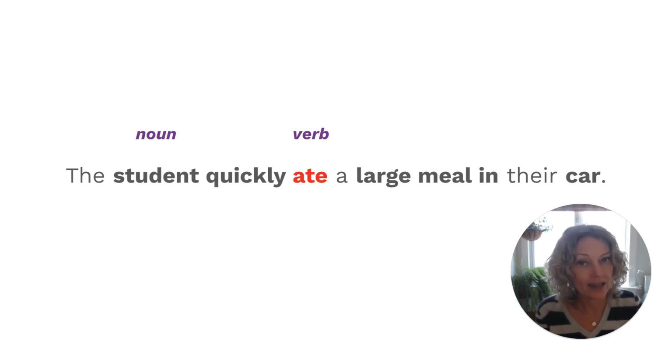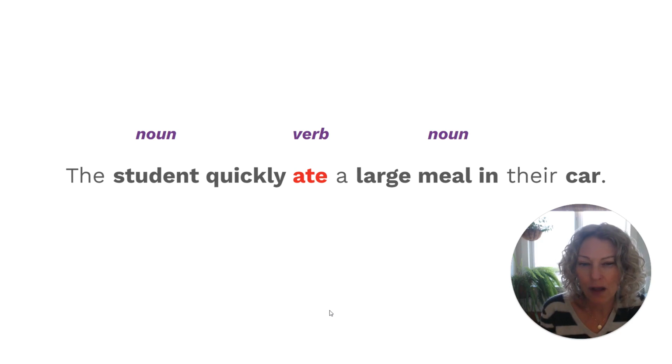So we know that's a noun because it is a person, place, or thing. We know ate is a verb because it's an action. And then we might say, well, what did the student eat? The student ate what? What thing did they eat? Well, they ate a meal. So that's another noun. Remember, a noun is a person, place, or thing. So a meal is a noun.